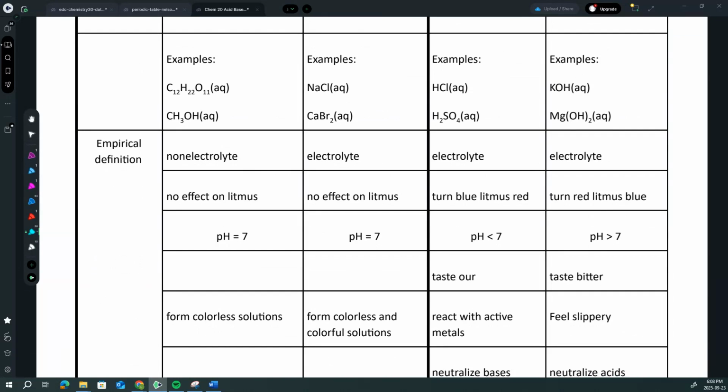Non-electrolyte versus electrolyte, we'd be able to determine by looking at a conductivity apparatus and seeing how it's operating. When it's talking about litmus paper, we're using our sense of sight to see whether the litmus paper is turning red or blue.